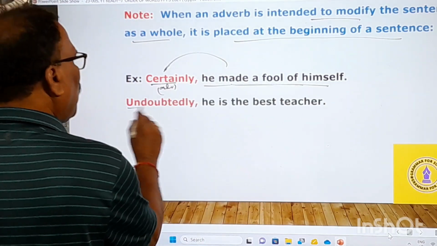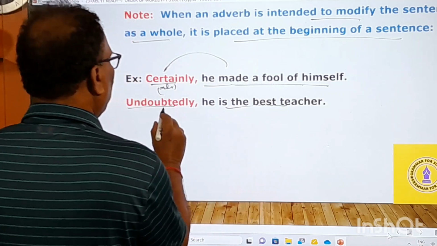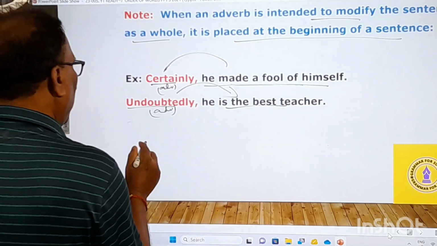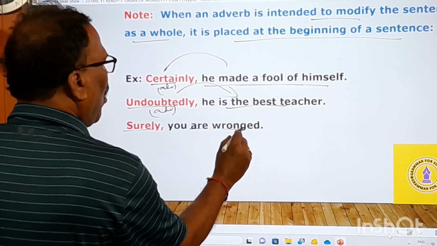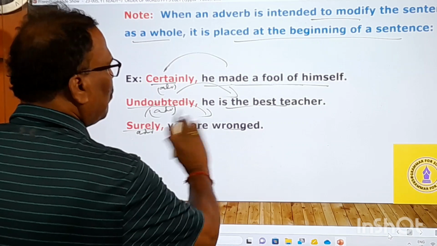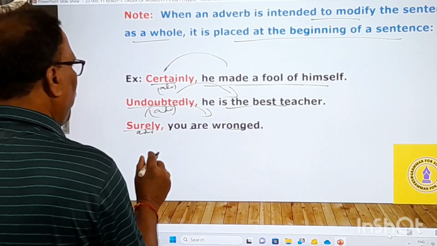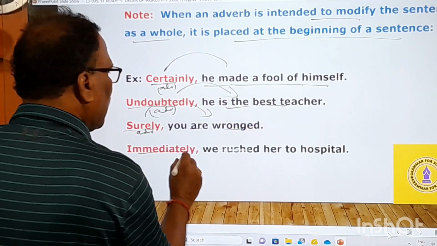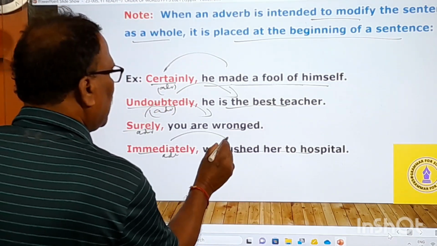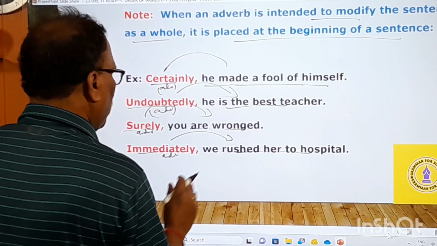And next, undoubtedly, he is the best teacher. It's an adverb modifying the whole sentence. And here, surely you are wronged. Surely is an adverb modifying the whole sentence. And here, immediately we rushed her to the hospital. This adverb also modifies the whole sentence.